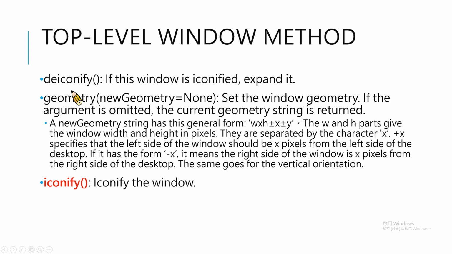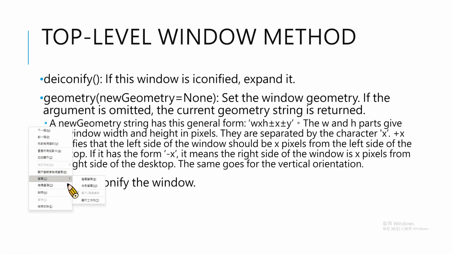Like this, the iconify method. We have used this method to iconify the application window or the main window. Iconify means we minimize the window, and geometry will set the window geometry, meaning the width, height, and its position.